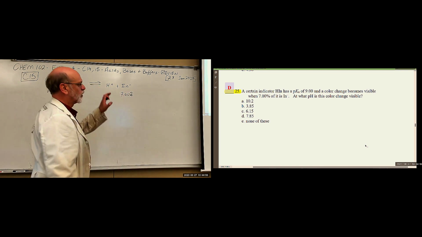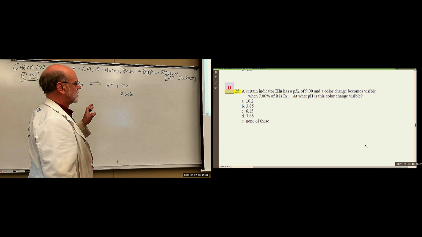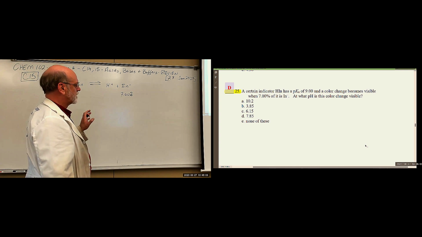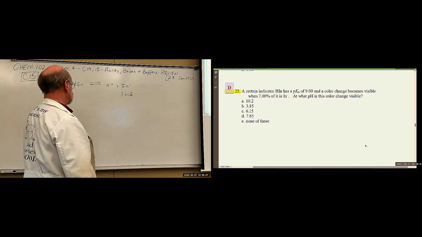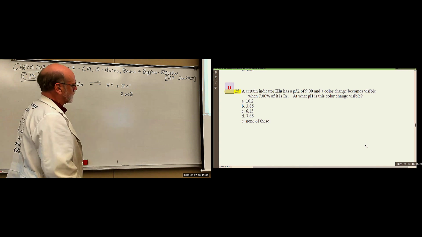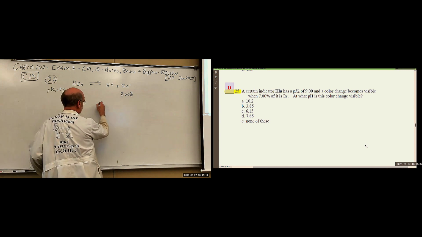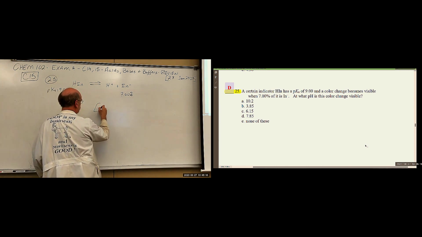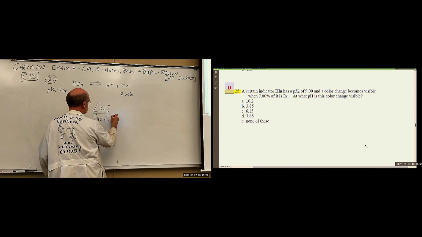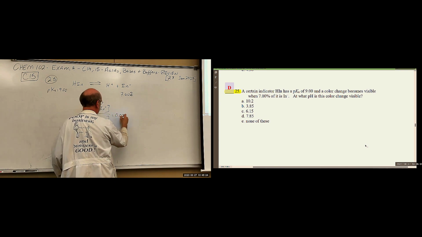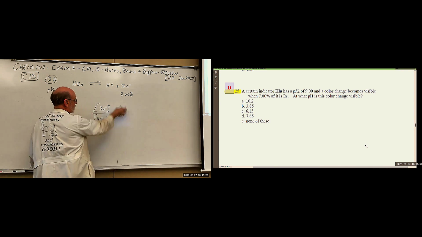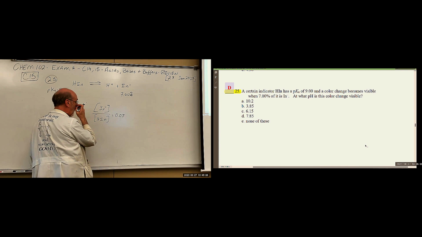Let's see, is that worded correctly? 7% of it is In minus. Because you could read that two different ways. Right? Is this the ratio? If we had, say, In minus ratio to HIn, we could say that that's equal to 0.07, because that's the decimal equivalent of percent.